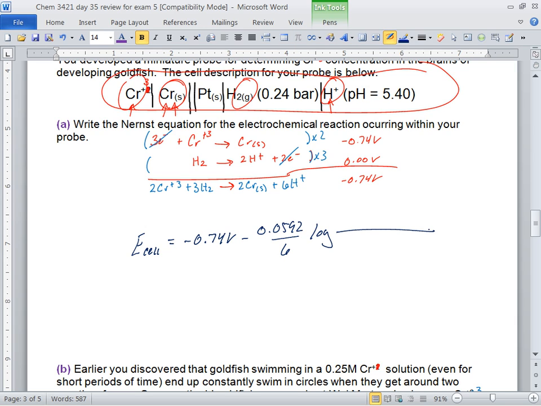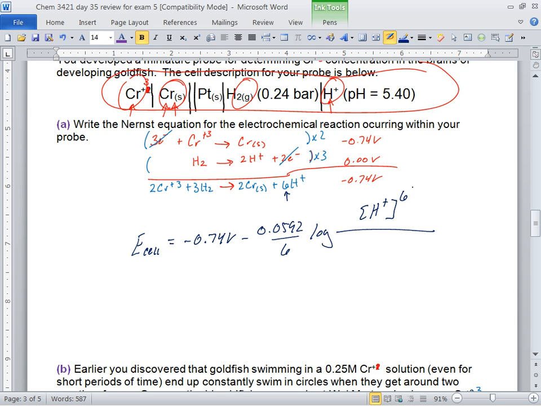All right, and don't write log of Q. That's not going to help. It'll be what over what? To the third? Oh, to the 6. To the 6, yeah. Okay, good. And keep going.